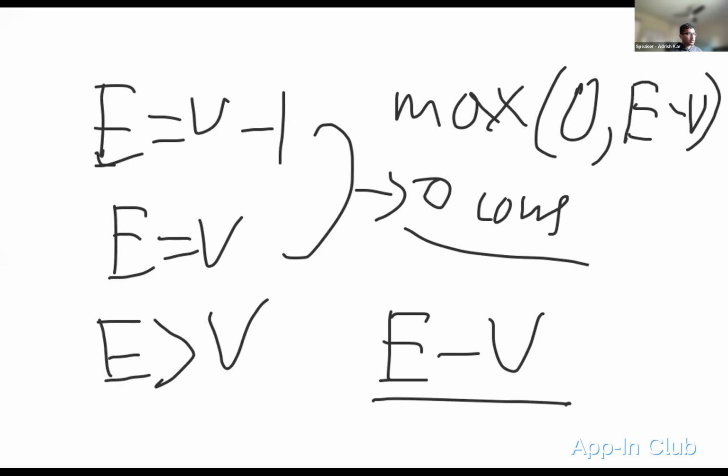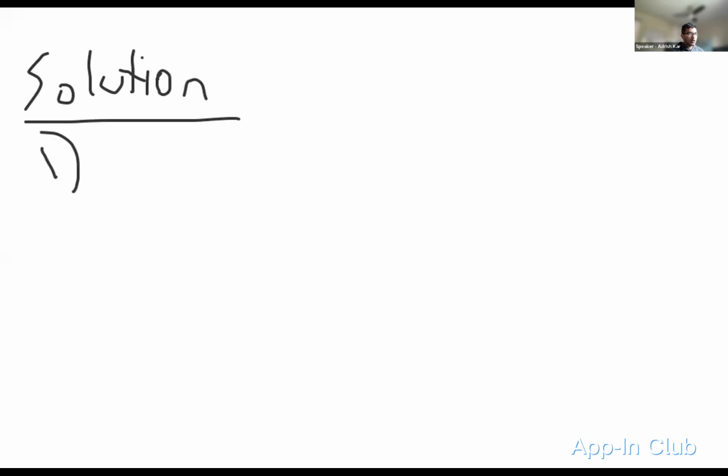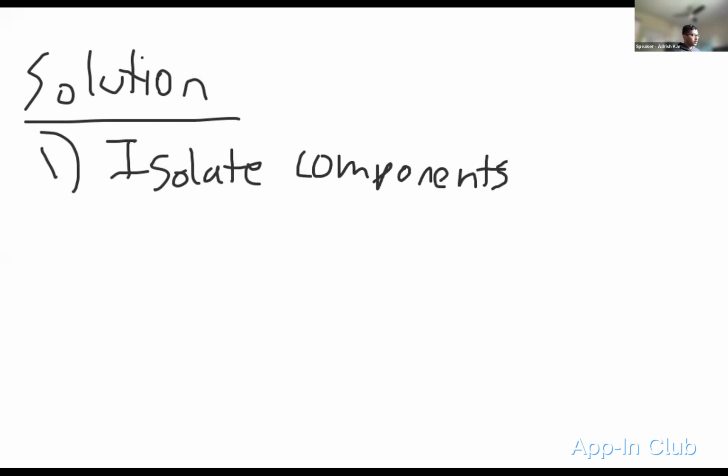So I guess the overall solution would then be, if I have a new page: one, we need to isolate components, which we can sort of do with a DFS or a BFS.